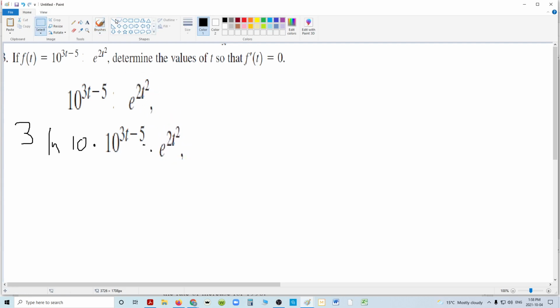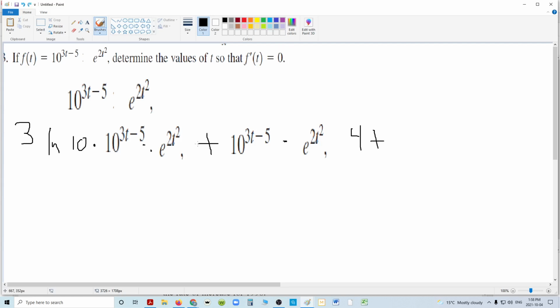And I'm going to add this function alone times the derivative of this function, which is ln e. What's ln e? 1, so we don't have to write it, times the derivative itself times the derivative of the exponent, which is 4t. And now I've got to set it to 0.